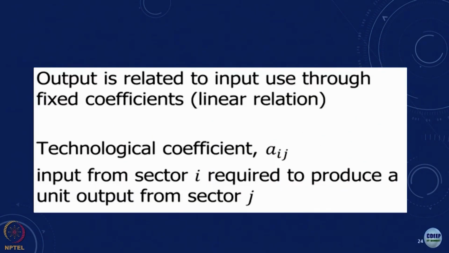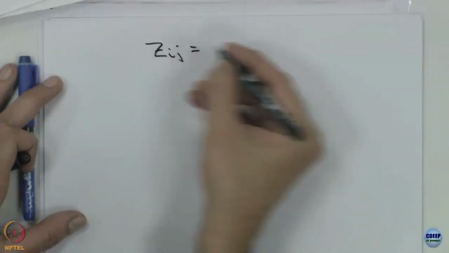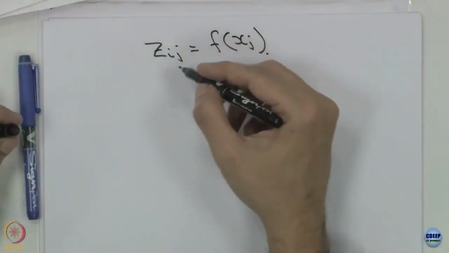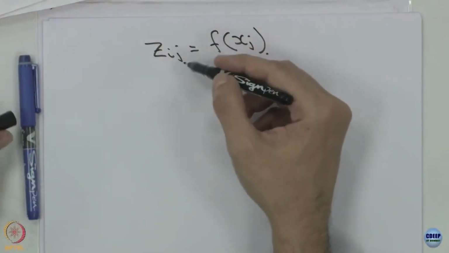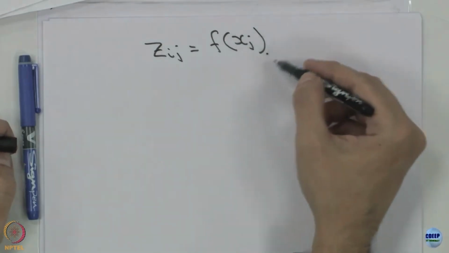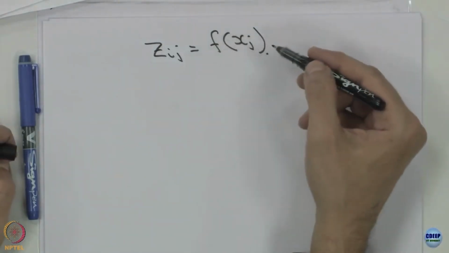Now the basis of this method is that we are going to write this in the form of the amount that we need from each of these, which finally we are looking at is going to be dependent. The zij will be a function of xj. That means the amount that we need from the ith sector to the jth sector will depend on the total output that we have from the jth sector.